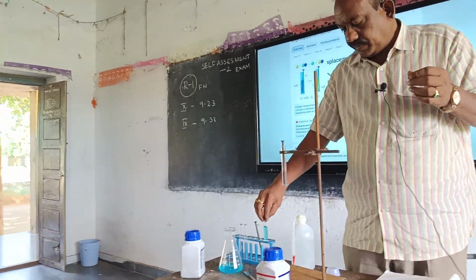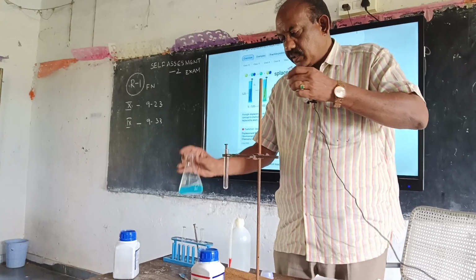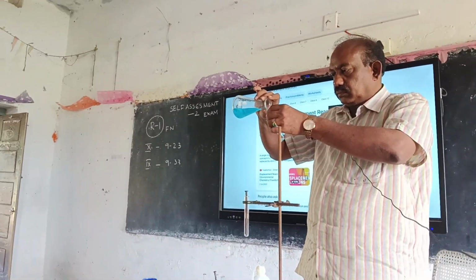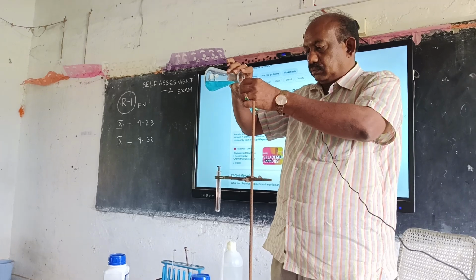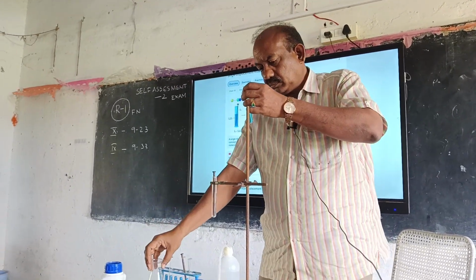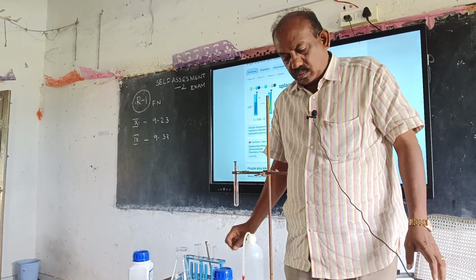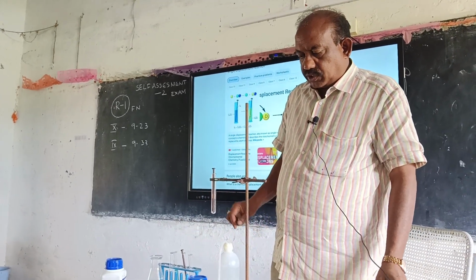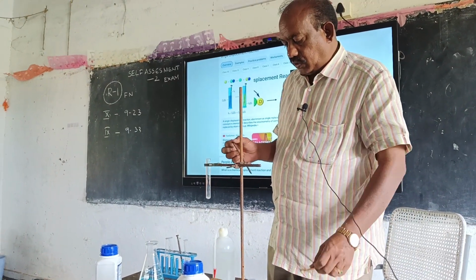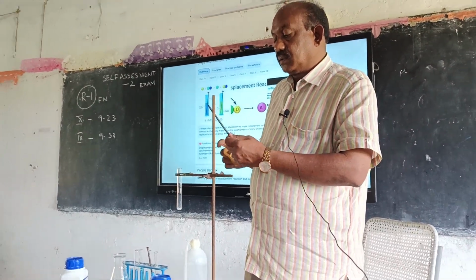In another test tube also we take 10 ml. In one test tube which is having copper sulfate solution, now we dipped an iron nail.